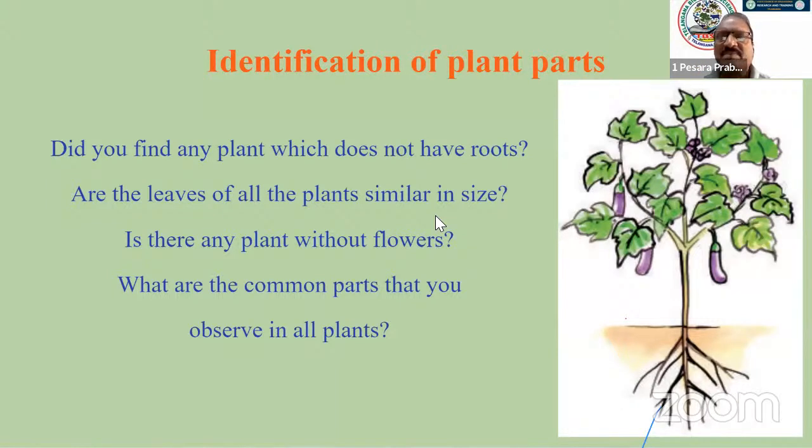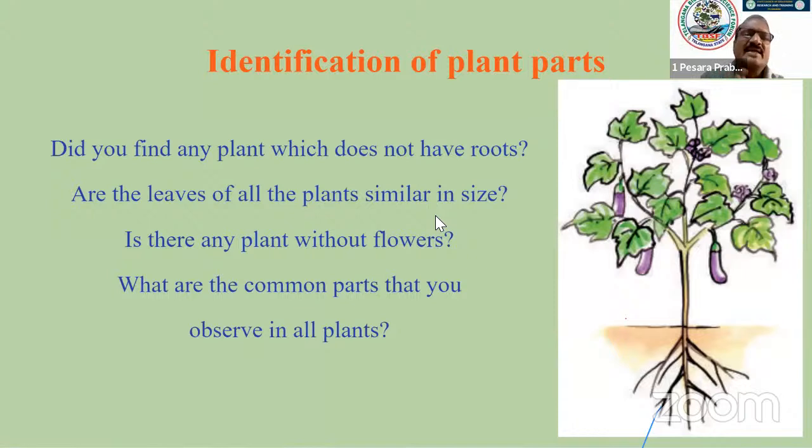We will see some examples also. But in those examples, all plants have leaves, most of them. But in these plants, the leaves are not similar. It means not similar in size, not similar in shape, not similar in venation, not similar in margins, not similar at tip. So many differences are there.